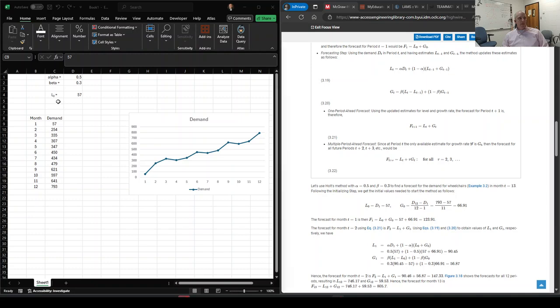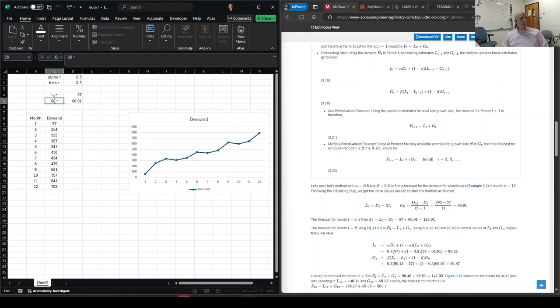Now that we have our base level demand, which is 57, I can calculate our base growth here, and that's equal to the 793 minus the 57 divided by the 12 minus the 1, and that gives us 66.91.